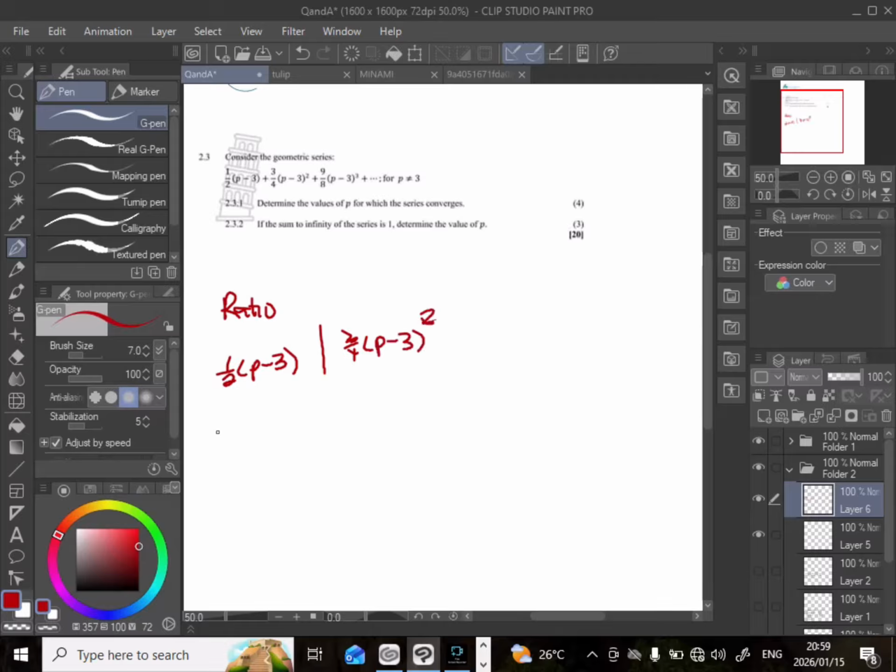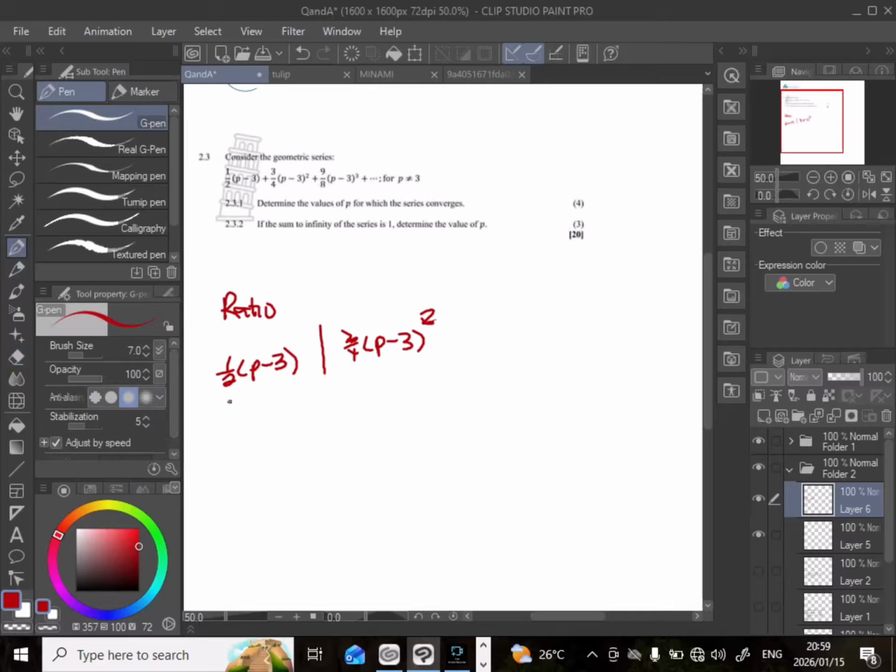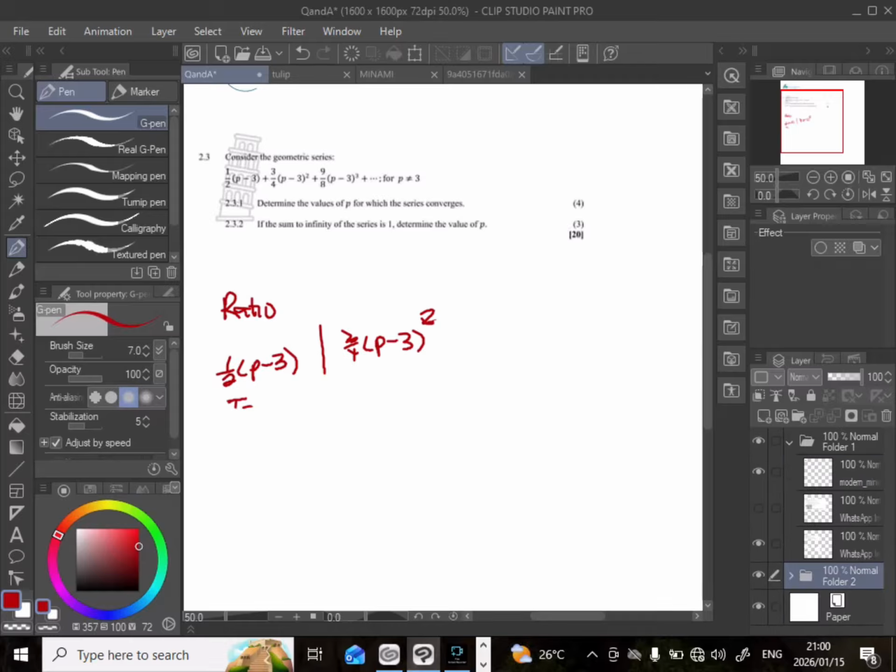So remember, how do you find the ratio? It's T2 over T1, sorry for that. It's going to be 3 over 4 p.